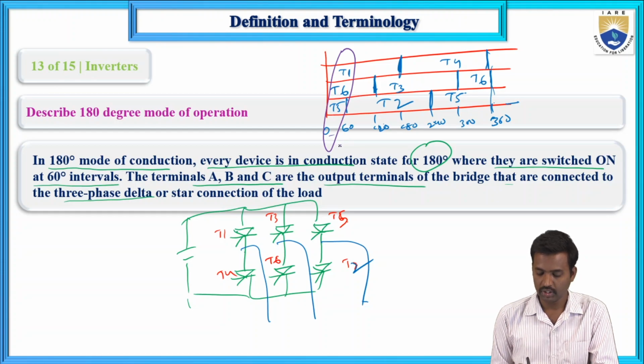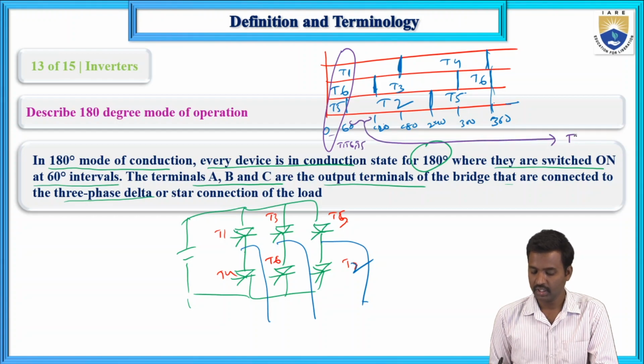So 0 to 60, T1, T6 and T5 will conduct, and next between these two, T1, T6 and T2.